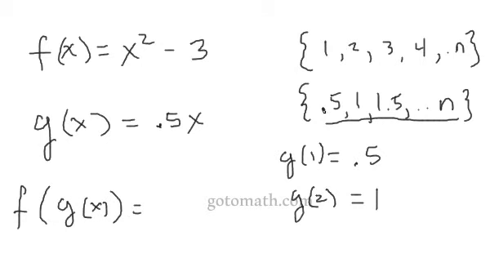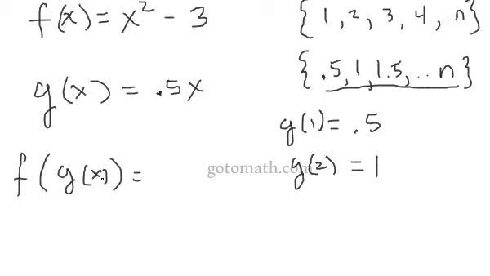So you take 1, plug it in here, and then this gets translated, or transformed, or however you want to say it, mapped to 0.5, and then 0.5 is actually going into this function up here.